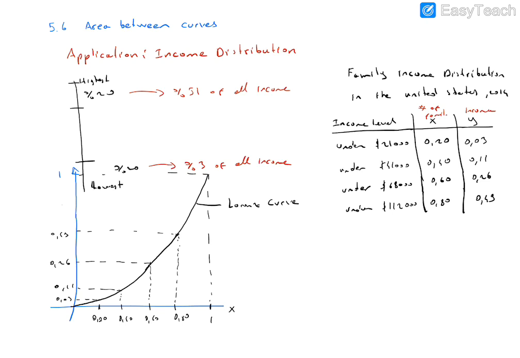And y represents the cumulative percentage of total family income received. So for example, the data point (0.4, 0.11), this point.